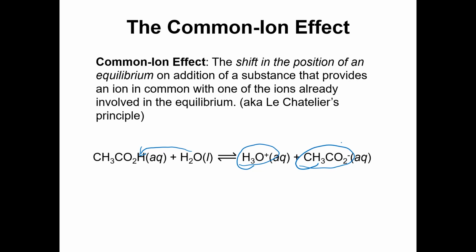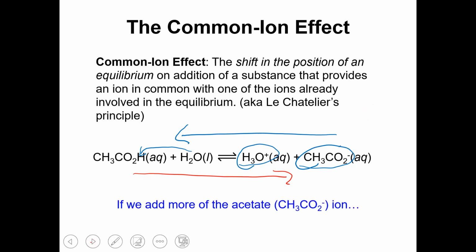If we have both of these ions here, and we add a substance that provides something we already have, for example, if we add more acetate, if we think back to Le Chatelier's principle, what we're going to do is drive the reaction in the other direction. So say, for example, we add more acetate, we're going to drive the reaction back towards the reactants. If we add more acetic acid, we're going to drive the reaction towards products. So if we add more of the acetate ion, we can force the reaction to go back towards our reactants.